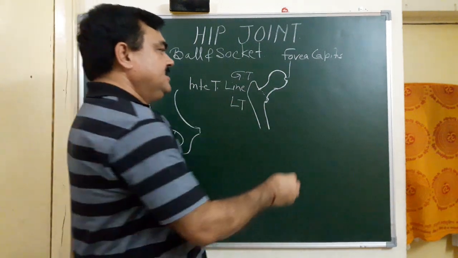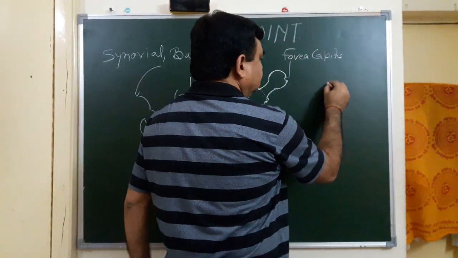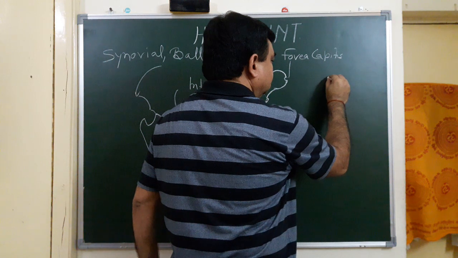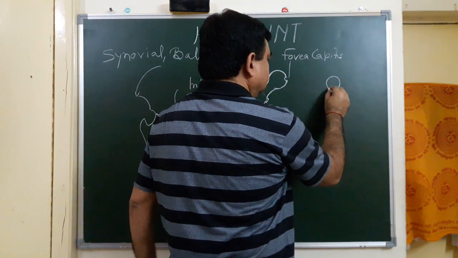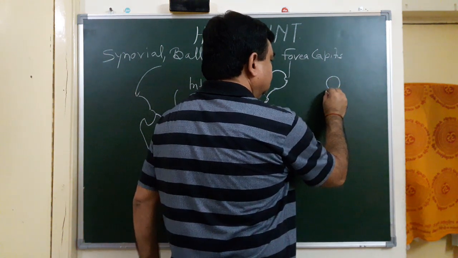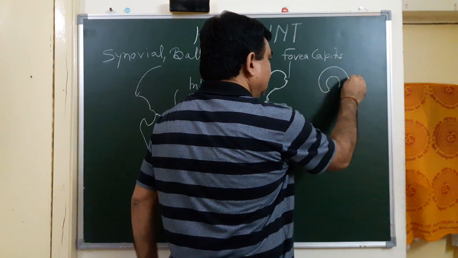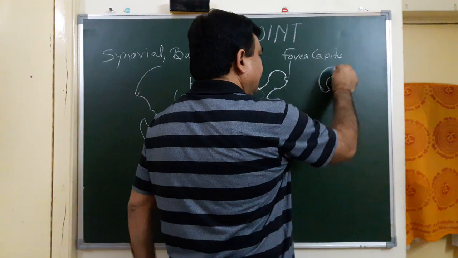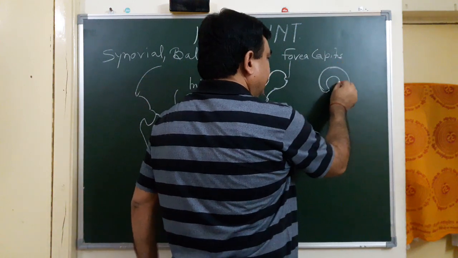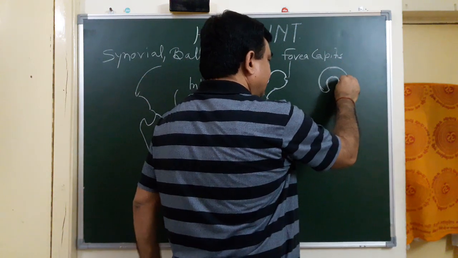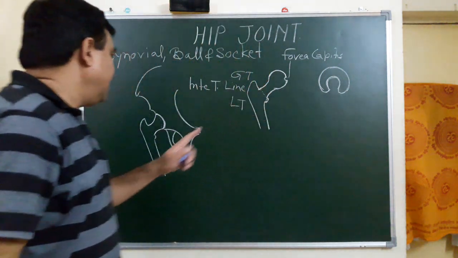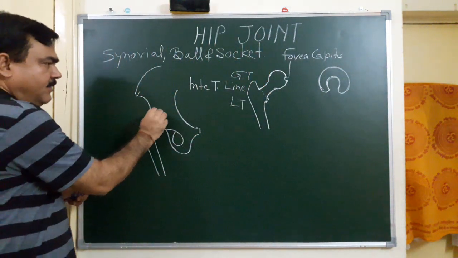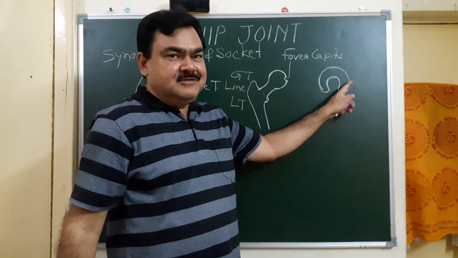The medial articular surface is formed by the acetabulum. On the medial side, this is the margin of the acetabulum, and this is the medial articular surface.